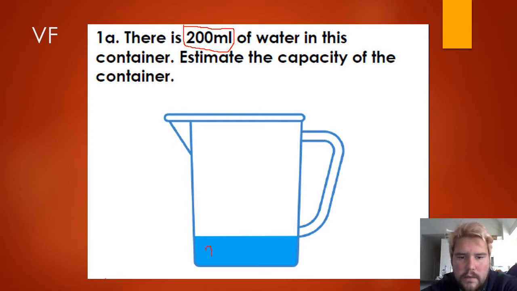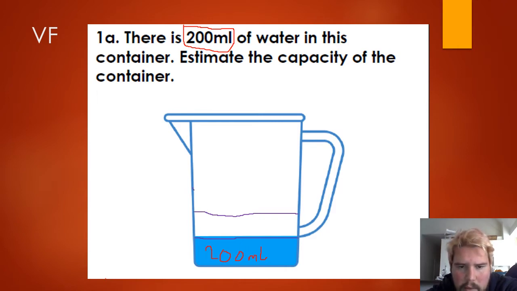The easiest way for me, I think, to do this is to put a line. Obviously you could use a ruler, probably be a bit straighter than I am. So that would be one section. I reckon around about there, it's estimating, so we don't need to be perfect. Say there would be a second section of the same amount of liquid.